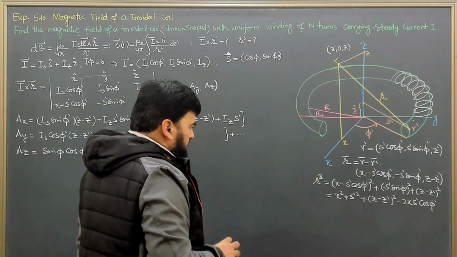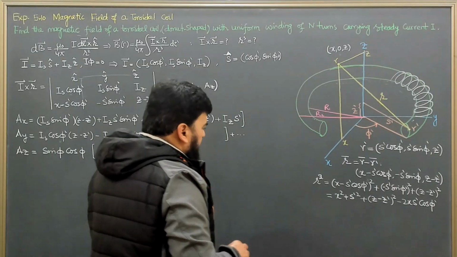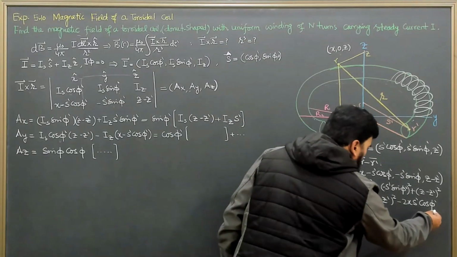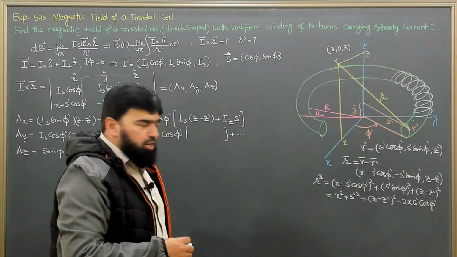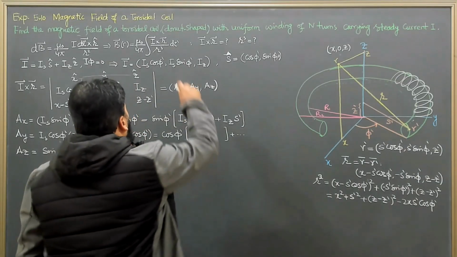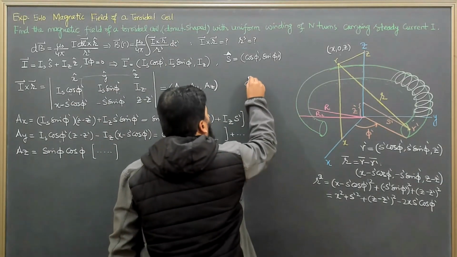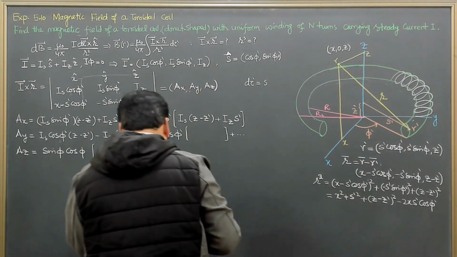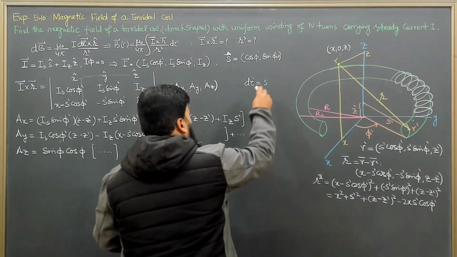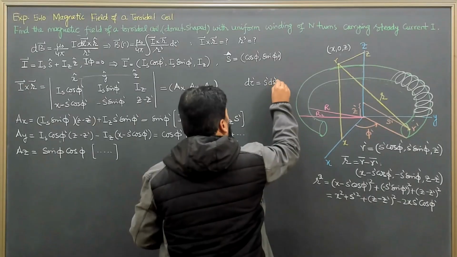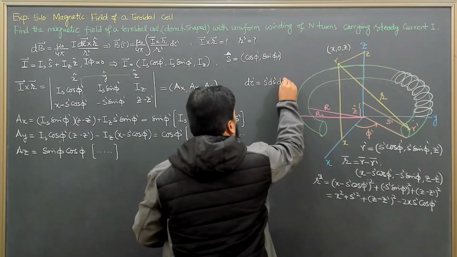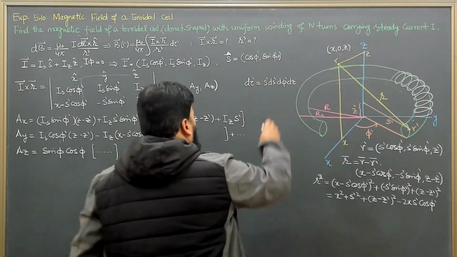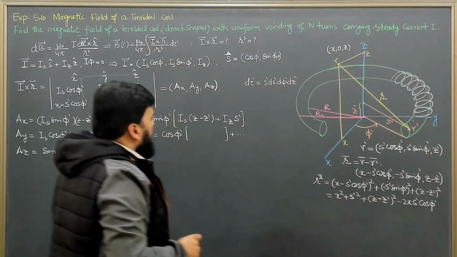So I can see from here that r square is depending on cos phi here, because in our integration, when I look at this d tau prime, d tau prime is equal to s prime ds prime d phi prime dz prime.